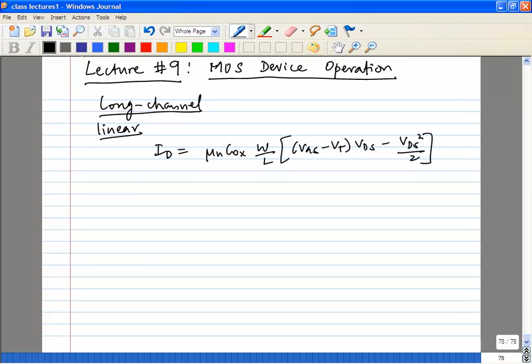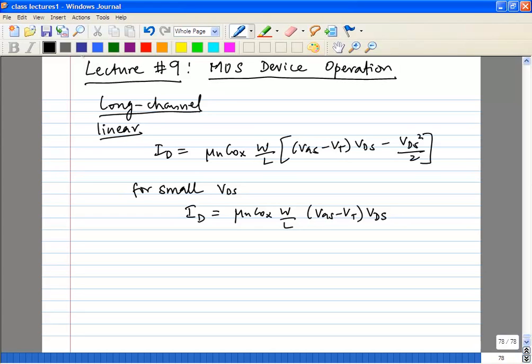For small VDS, you can neglect VDS squared over 2, and ID is proportional to VDS. So this is something like a voltage controlled resistor, with a linear relationship with your VDS.